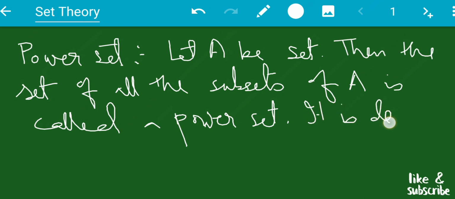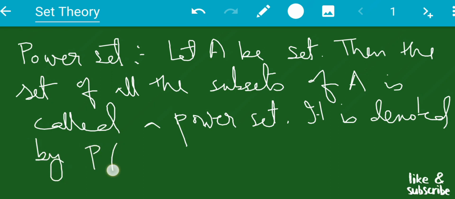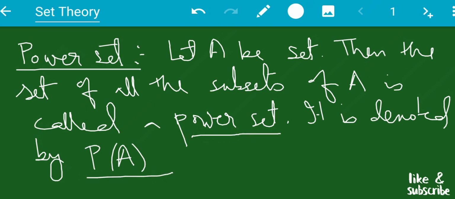It is denoted by P of A. If we consider all the subsets of A including the empty set and the set itself, then that collection of subsets forms another set. This set is called the power set. We denote it by this.